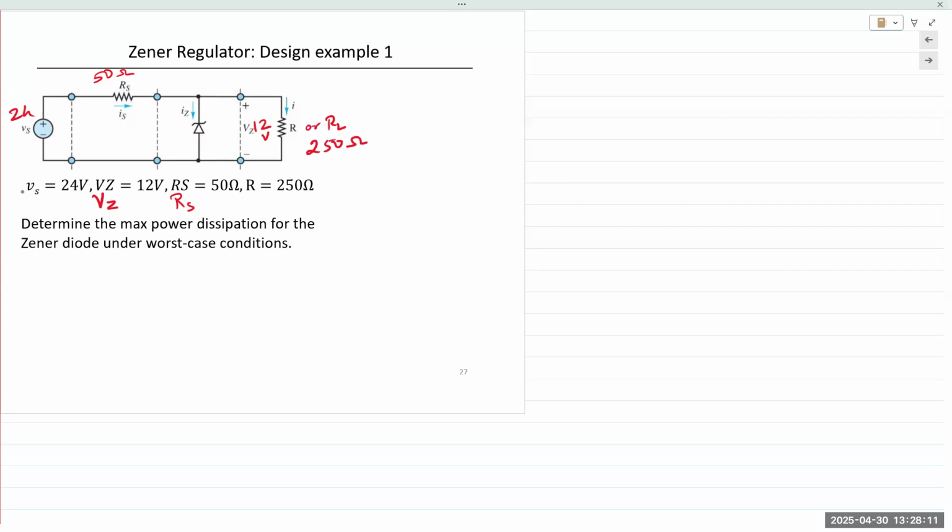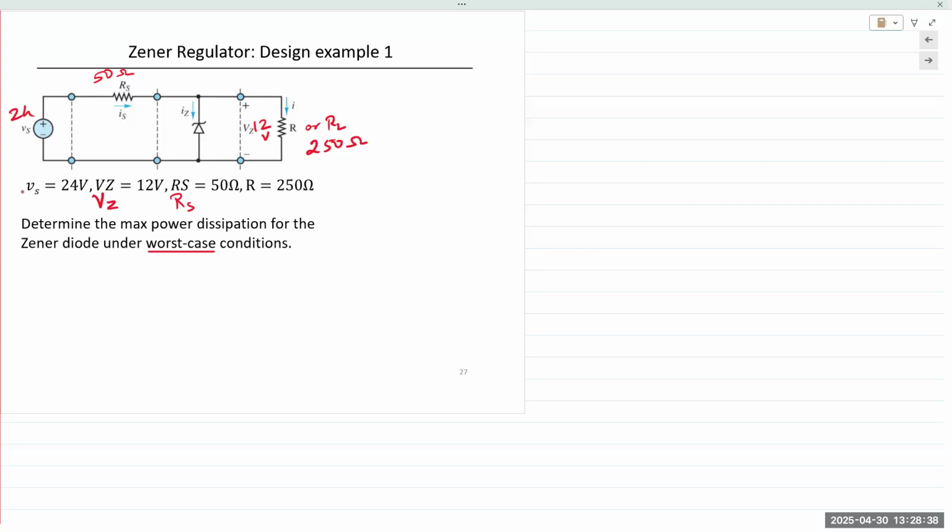And we are asked to find the maximum power dissipation for the Zener diode under worst case conditions. What is the worst case scenario? The Zener current is going to a maximum.